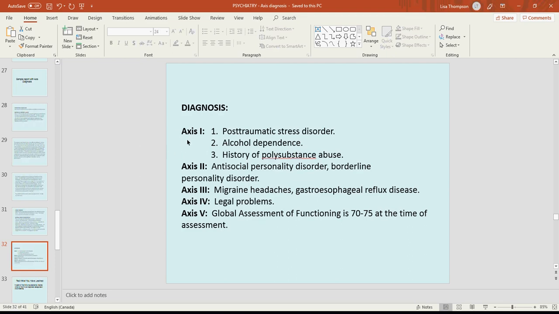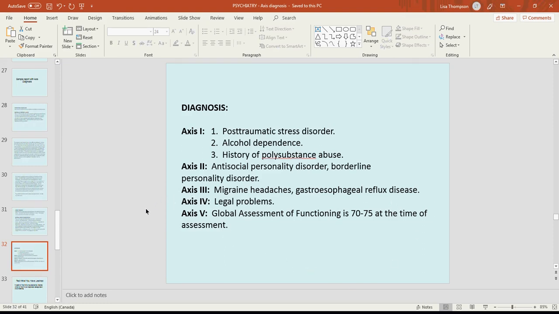So axis 1, that's when they list whatever, like in this case, post-traumatic stress disorder, alcohol dependence, history of polysubstance abuse. Axis 2, patient has antisocial personality disorder, borderline personality disorder. Axis 3, migraine headaches, gastroesophageal reflux disease.